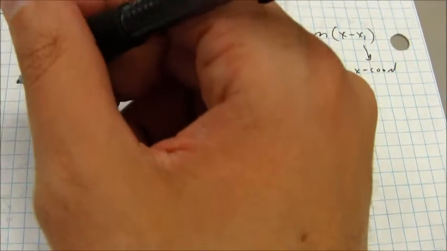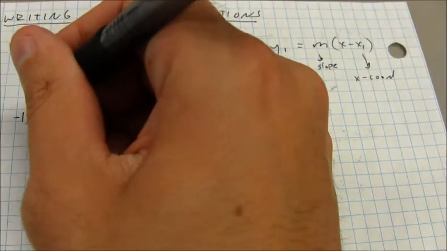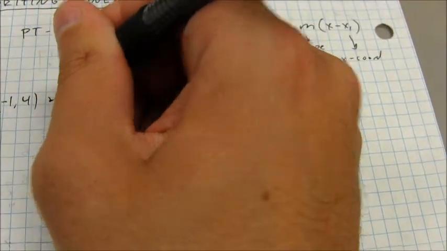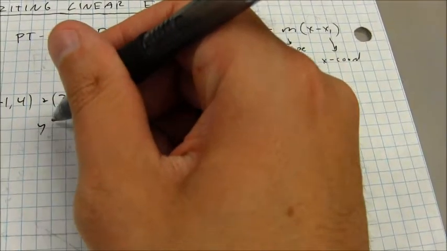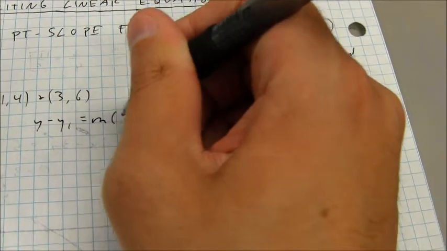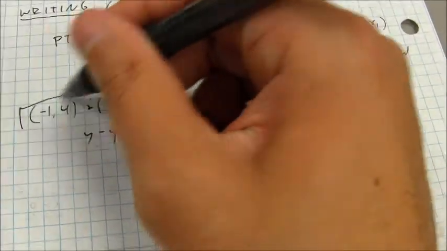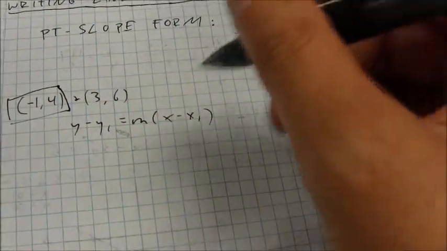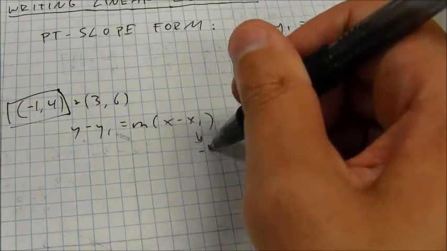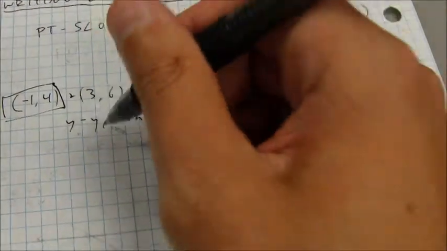So for example, if I want a line passing through the points, actually if I use my points from before, I had -1, 4, and 3, 6, and I know it's going to fit into the form y minus y1 equals m times x minus x1. You can pick either point you want to substitute in. For example, I could pick the -1, 4. That's going to be an x value of -1, and I can fill that into the equation.